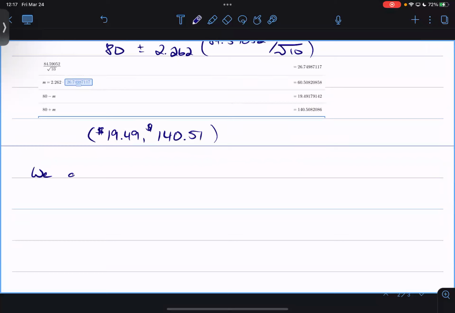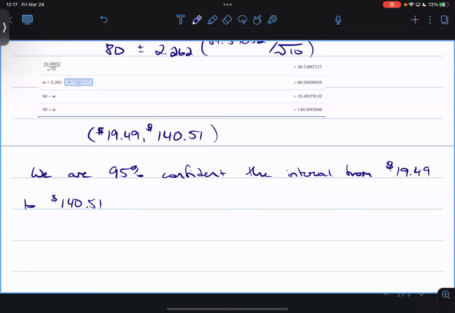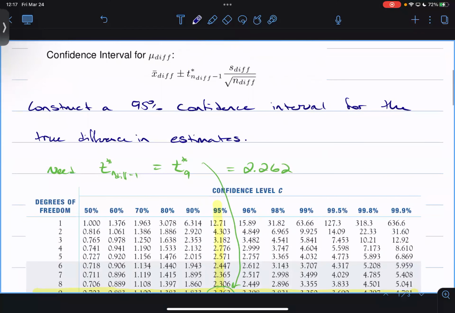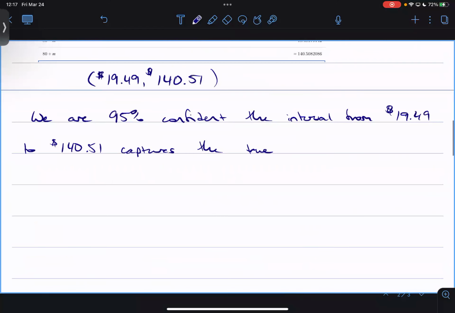Same blurb as always, we are 95% confident the interval from $19.49 to $140.51 captures the true difference in estimates.